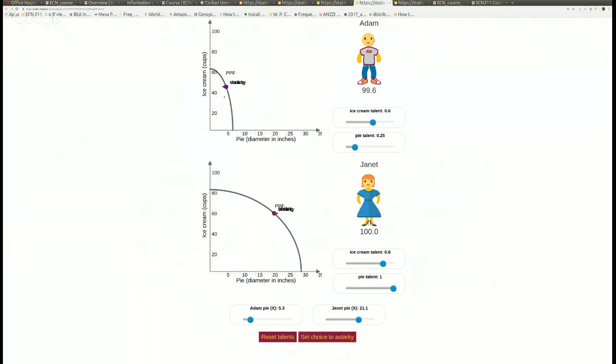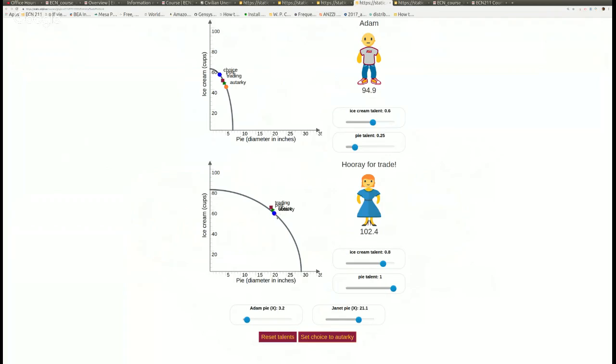I look at how good Adam is at pies relative to how good he is at ice cream. And I ask myself, if Adam sacrifices making a pie, how much more ice cream can he make? And that's actually quite a lot. For every pie that Adam doesn't produce, he makes quite a lot of ice cream, based on the slope here.